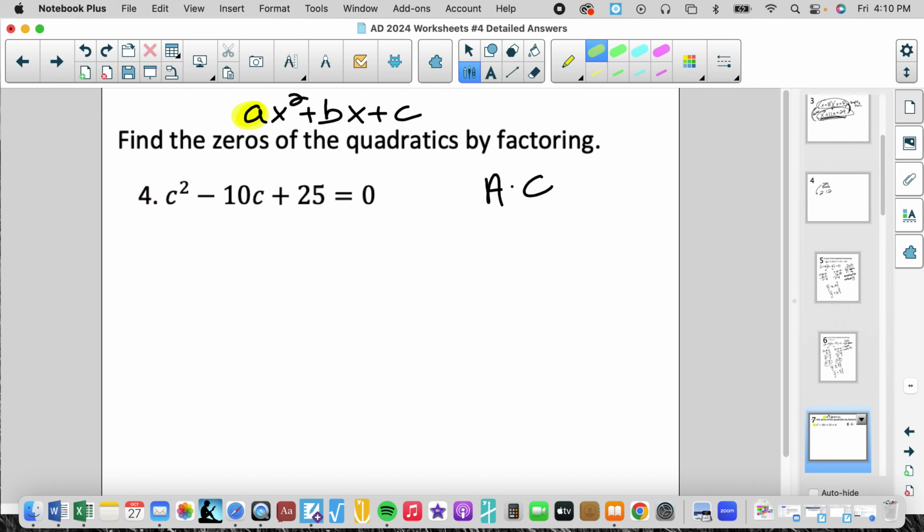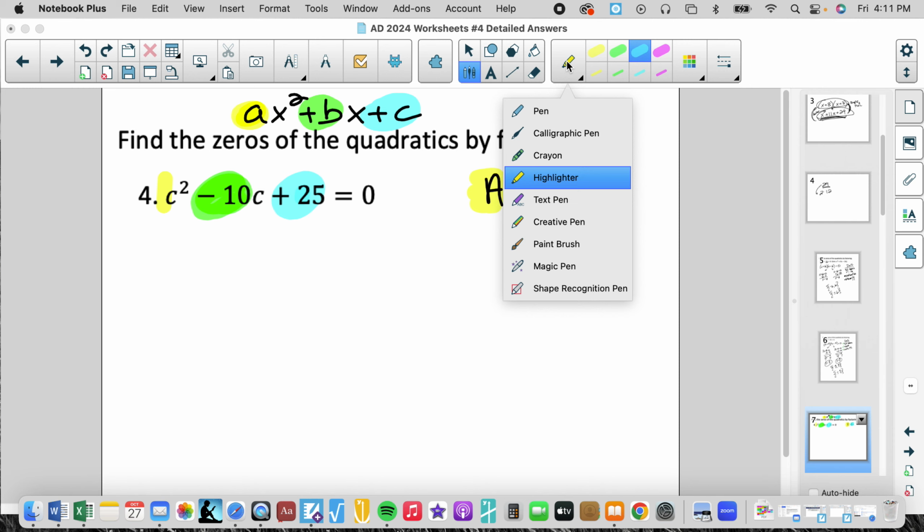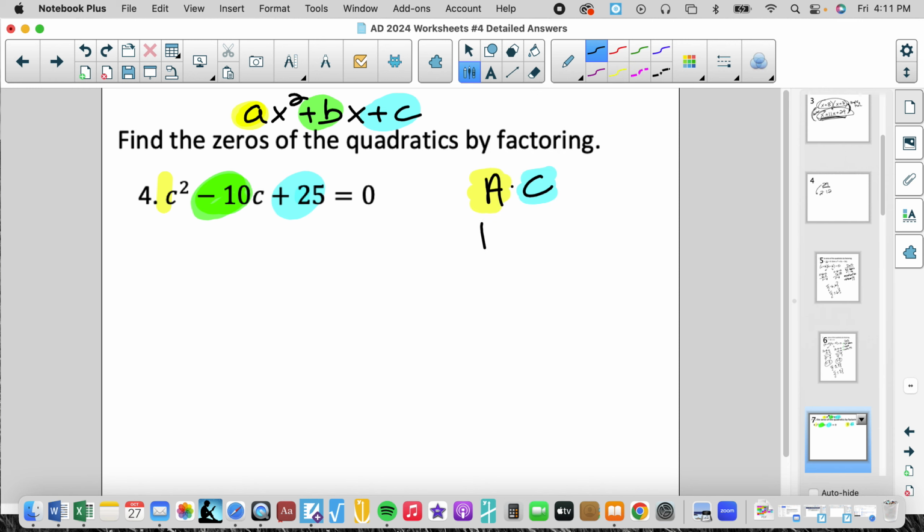And then b is going to be the coefficient of x, or my first degree variable. And c is going to be my constant. So what are my a and my c? So a is 1, and c is 25. So that gives me 25.